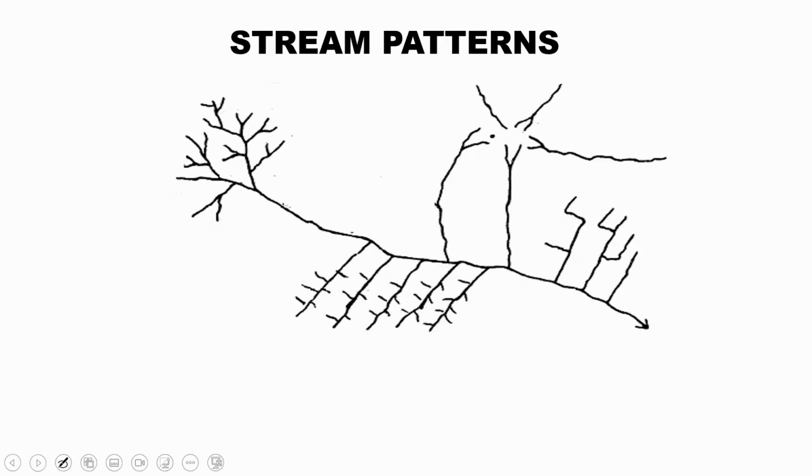So what are the major drainage patterns that the examiner is looking for when he is looking for content? Here is a diagram that I'm bringing to you that is a collection of drainage patterns, of stream patterns that you can see.